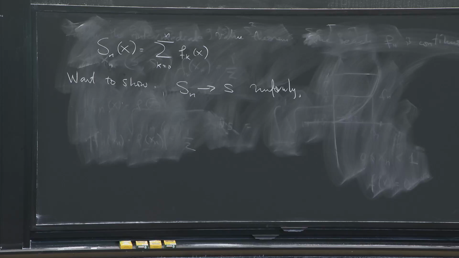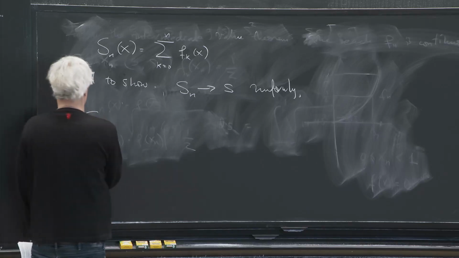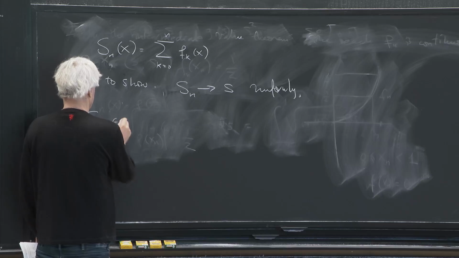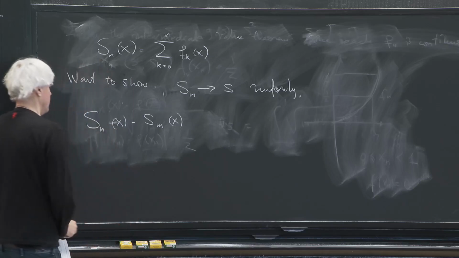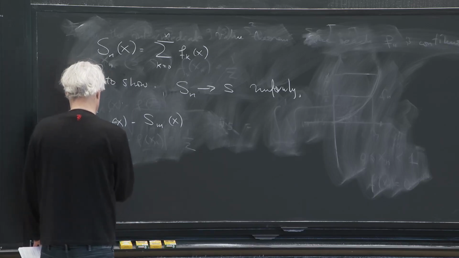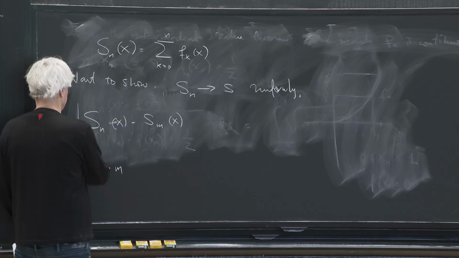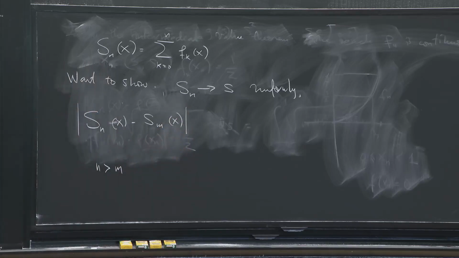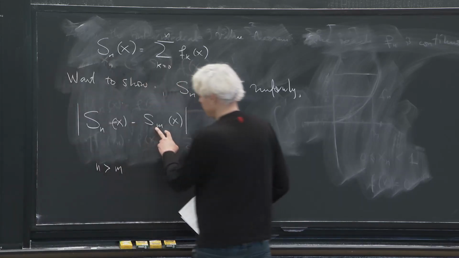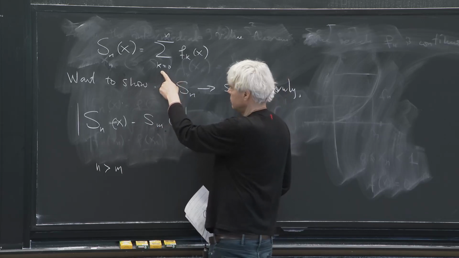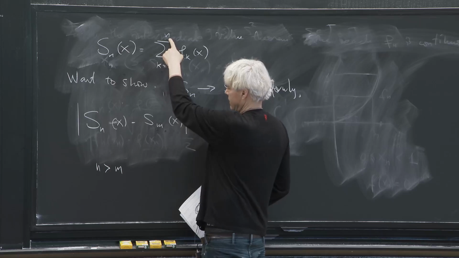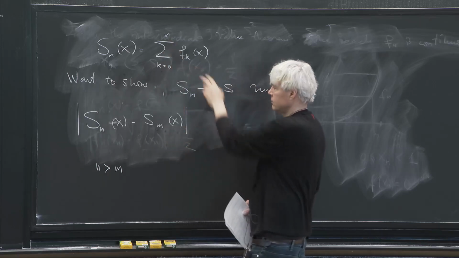Now, let's look at the difference between Sn of x and Sm of x. And here I'm going to think about n as being larger than m. Well, this here is when you're summing the first, I guess we're starting at k equal to 0, so we're summing the first m plus 1 of those guys.